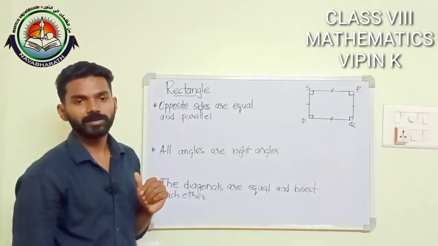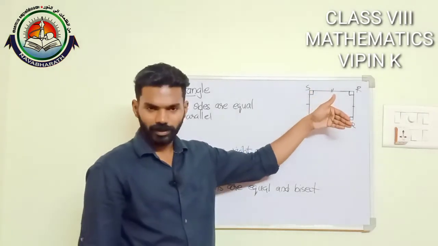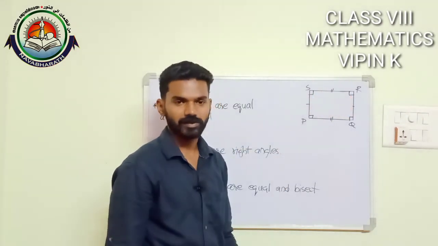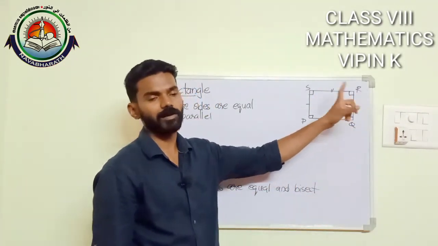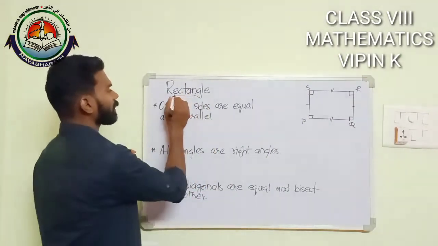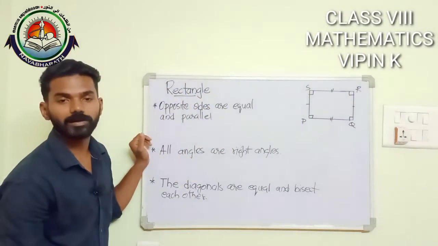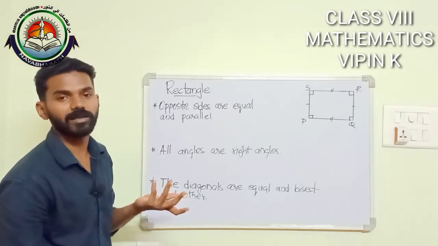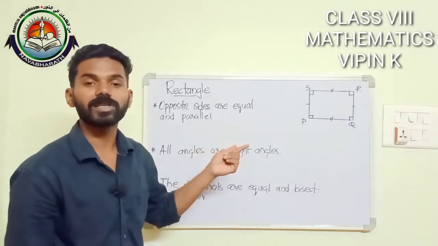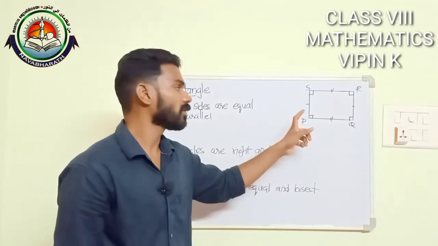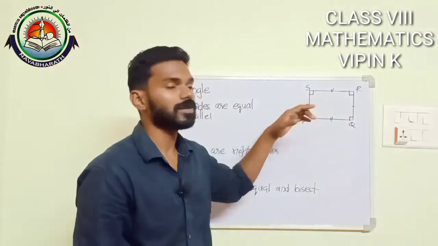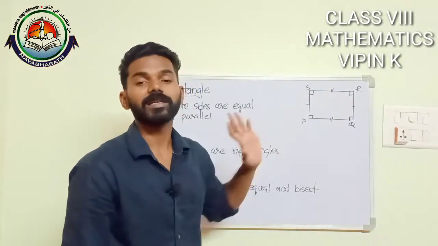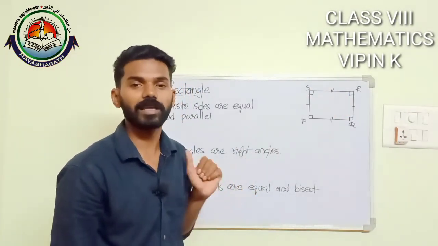And if in a parallelogram all the angles are right angles, then such a parallelogram is called a rectangle. So what is a rectangle? A rectangle is a parallelogram with all the angles right angles, which means all the angles are 90 degrees. Clear?